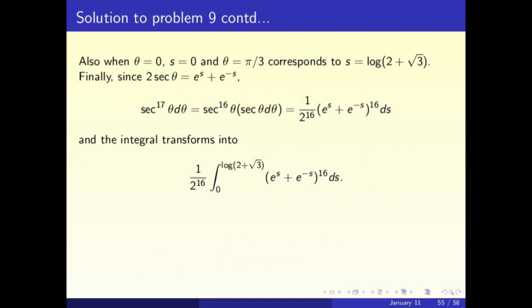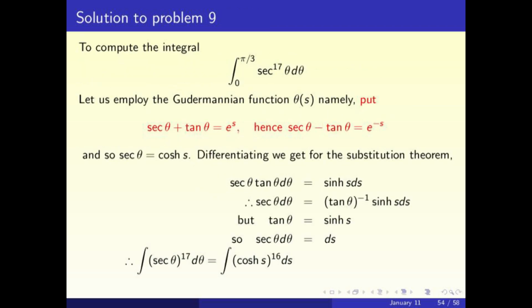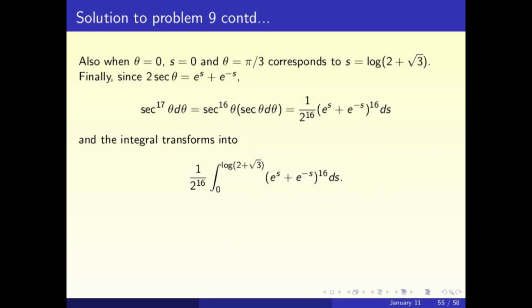Let us now incorporate the limits of integration. Remember the equation? Secant theta equals cosh s. So when theta equals 0, s would be 0, and theta equals pi by 3 would correspond to s equals log 2 plus root 3. That's easy for you to check.